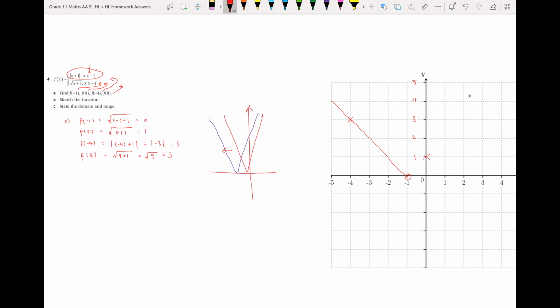And then for the other piece, the square root, so if I have f of negative 1, oh, it's 0. Yeah, it was this point here. So this one is a little bit odd, because for the left piece, it ends up with an open dot on the absolute value side, but it closes. So technically it's open, but it's closed by the square root piece.